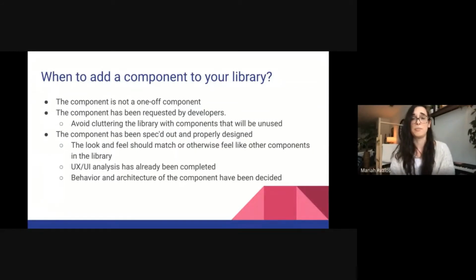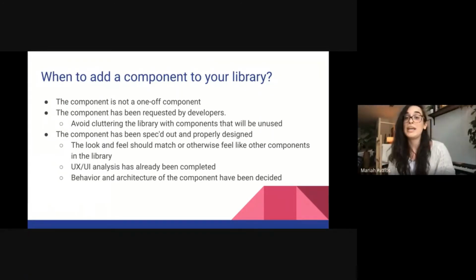So when do we add a component to our library? Very, very important. Components should not be added to a library if they are a one-off component. So if it is an image that you can drag and drop around the page, and that's all it does, and you'll never use it again, it does not belong in a component library.